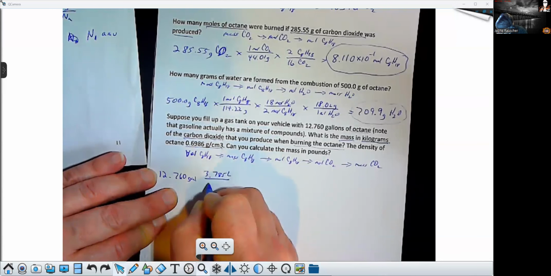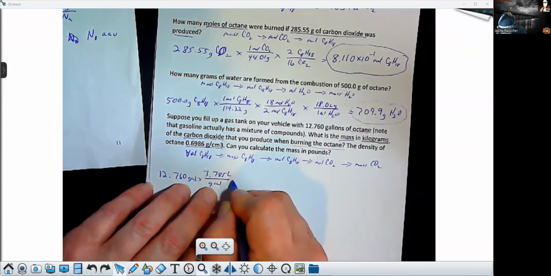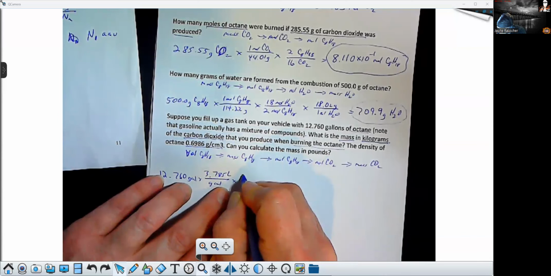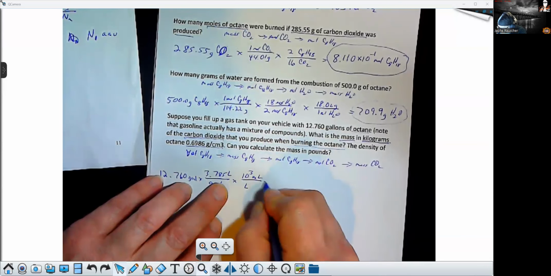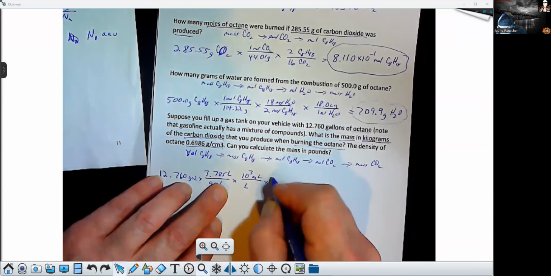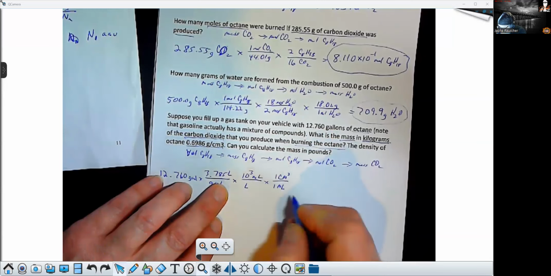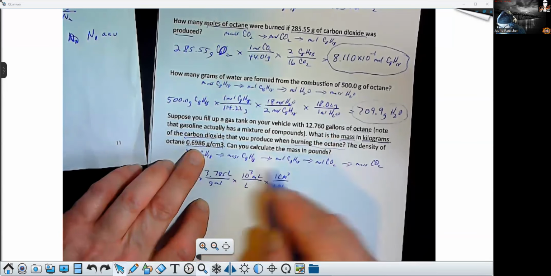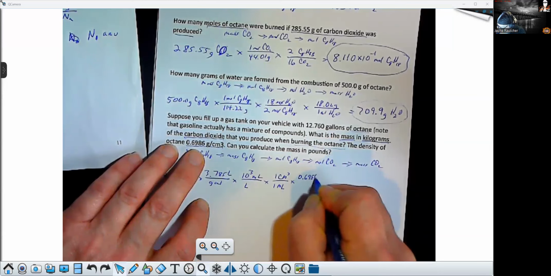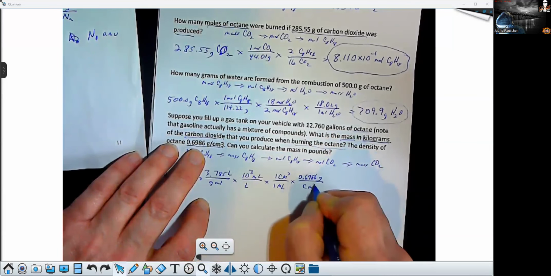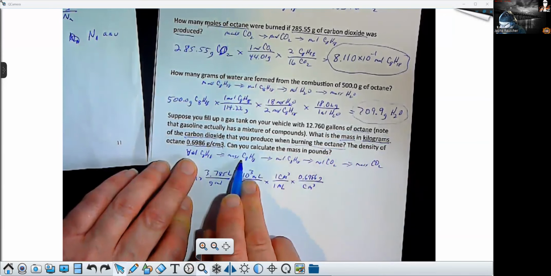And then we can convert to mils, so 10 to the third ml per liter. And then we can convert to cubic centimeters. So 1 cubic centimeter is 1 ml. And then we can use the density to convert to grams. So times 0.6986 grams per cubic centimeter. So now we've gone from volume to mass of octane.